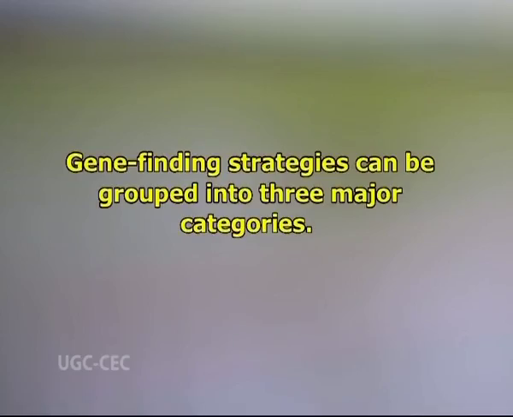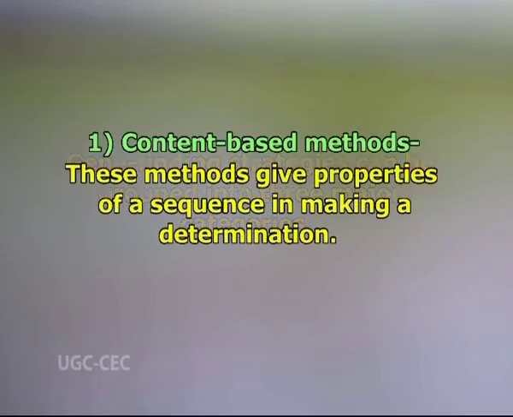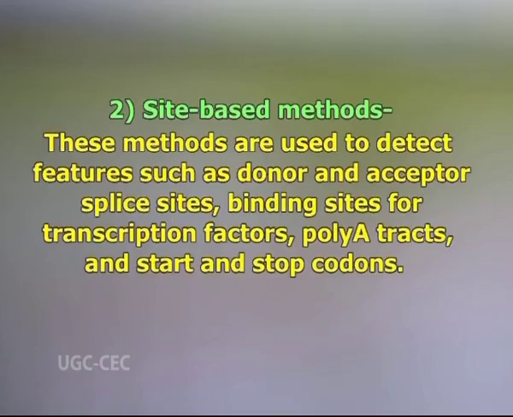Gene finding strategies can be grouped into three major categories. Number 1, content based methods. These methods use properties of a sequence in making a determination. Number 2, site based methods.